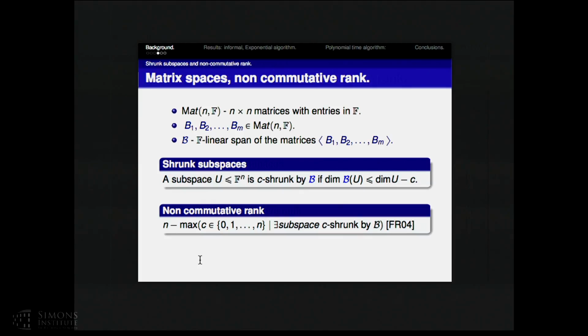So the non-commutative rank makes sense for a matrix family. For a matrix family B, the non-commutative rank is n minus the dimension of the largest subspace that is shrunk by B. And the natural question here is, what is the non-commutative rank of a matrix family that is presented to you?